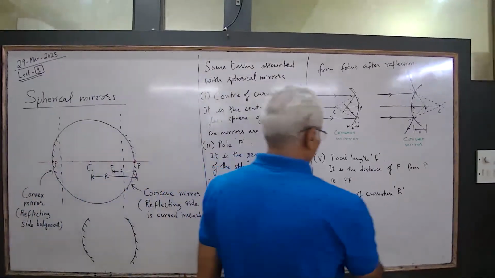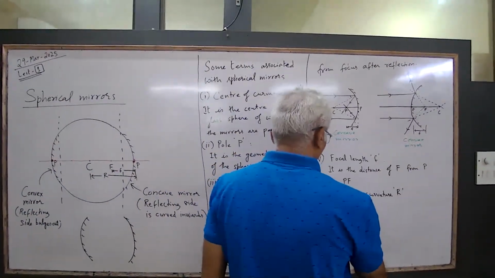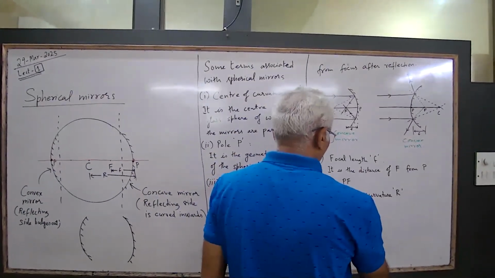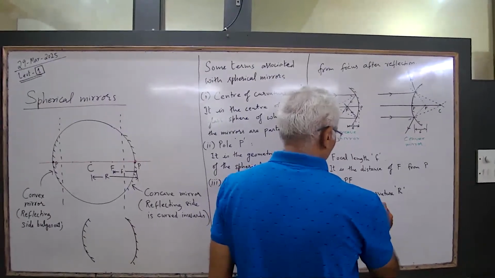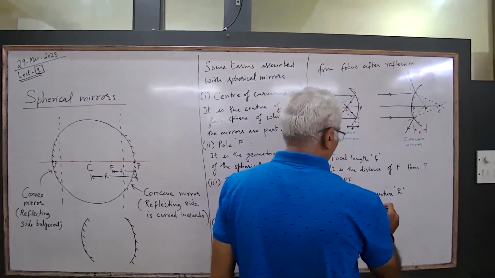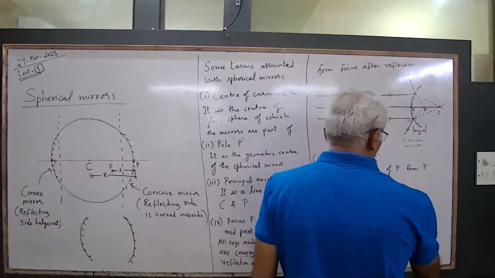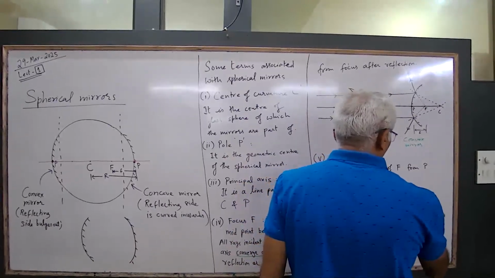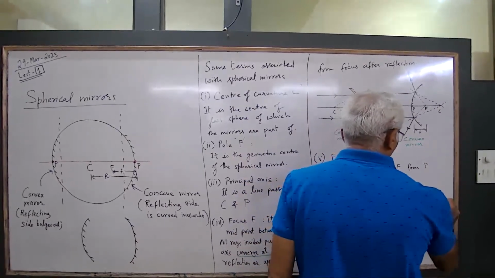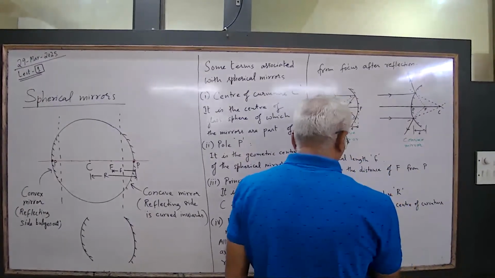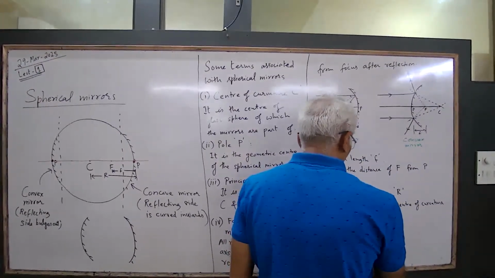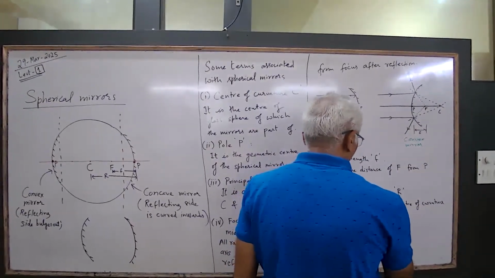So it is the distance of the center of curvature from the pole. That is PC.